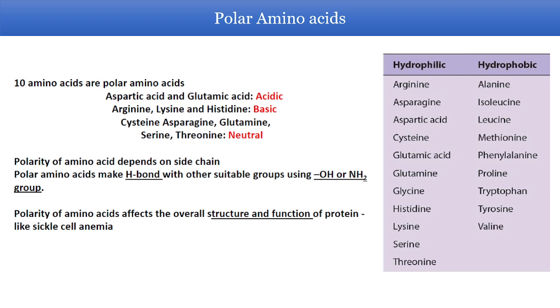So we have the hydrophobic core of the proteins, where only the hydrophobic amino acids are inside, and the water soluble amino acids are outside interacting with water, which determines the structure of the proteins. That is why it affects the overall structure and the function. So the hydrophilic and the hydrophobic amino acids are distinguished, and they have been put in two different columns.